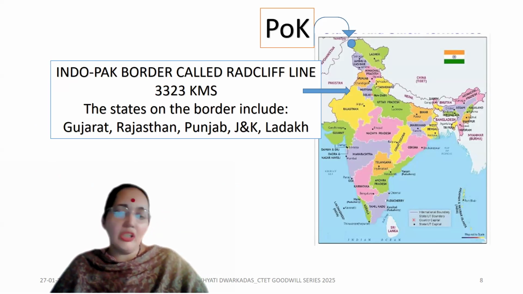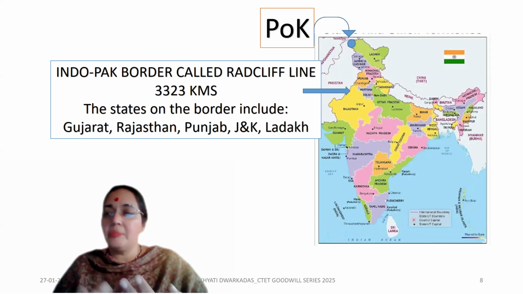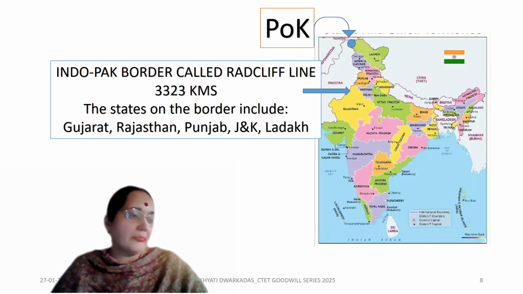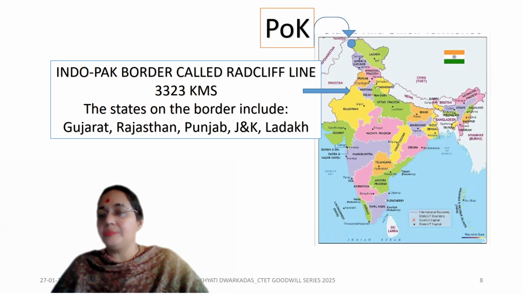Right on top, you can see a blue dot with an arrow, which is the POK, which is Pakistan Occupied Kashmir. So that part of India has been taken away from India.